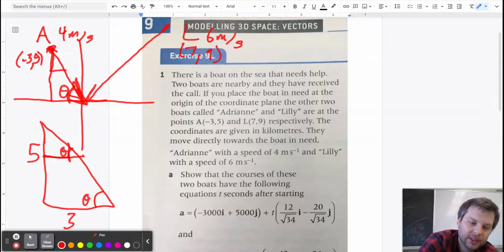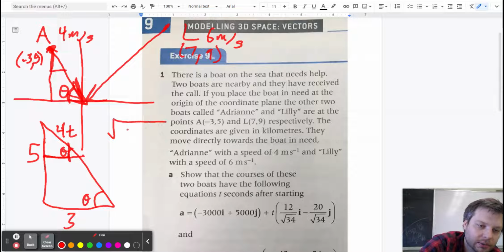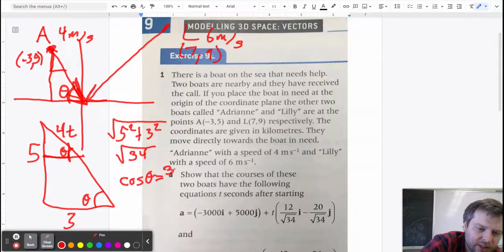So what we use is similarity, and we know that the length of the hypotenuse is 4t, because that's the speed of Adrian. So we can set up a similar triangle here. The bigger triangle has a hypotenuse of the square root of 5 squared plus 3 squared, so the large triangle has a hypotenuse of root 34, and I can use cosine of theta to represent the adjacent side divided by the hypotenuse.